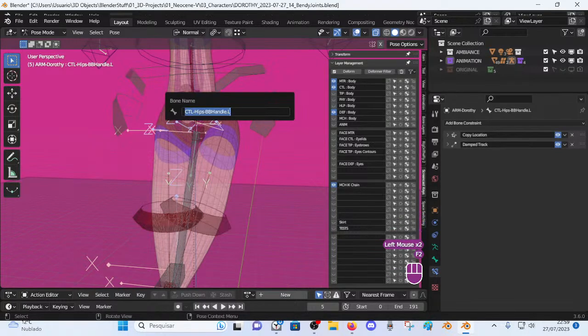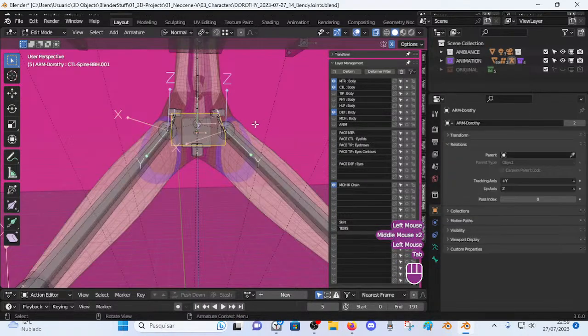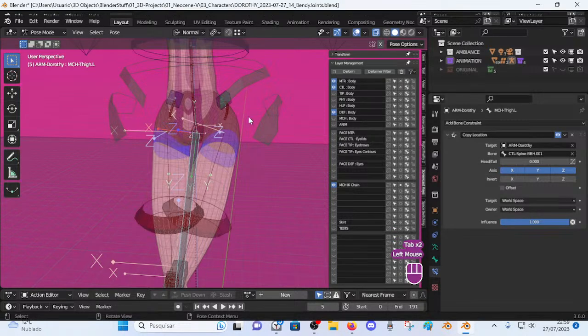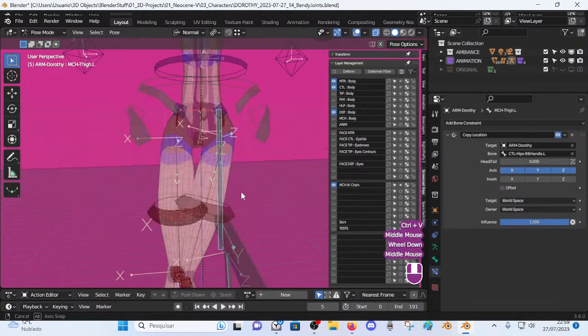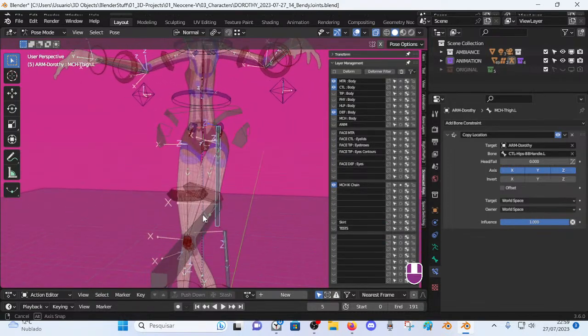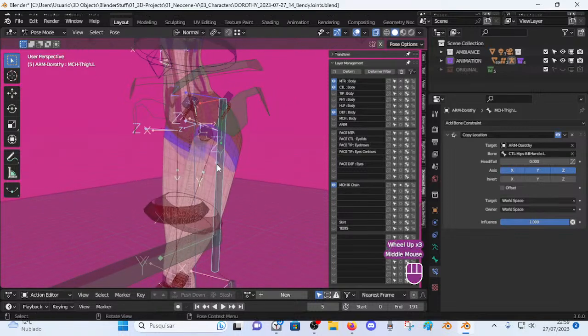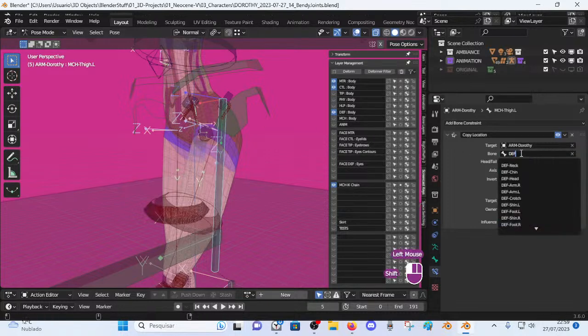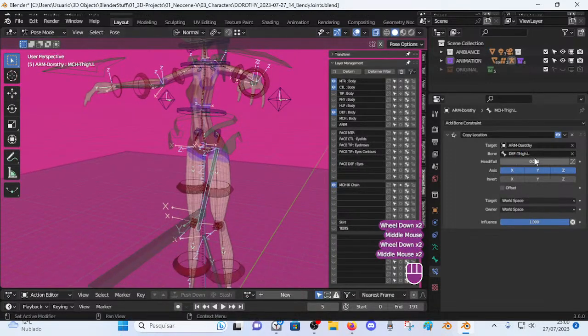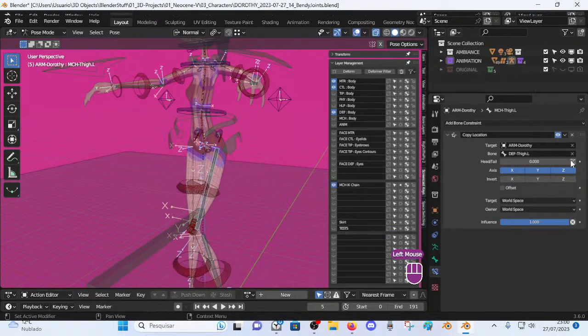I think it's not ideal, but this bone is here. Okay, let's get it there. Wait, why don't I copy the location of it exactly there? The copy location is for that. It doesn't mean rotations, so why not DEF thigh left? Would that make it go insane?